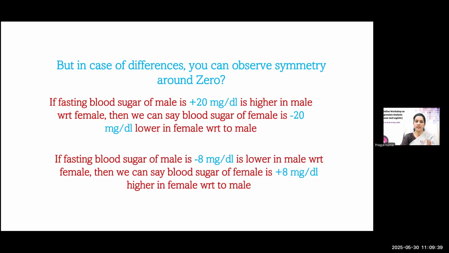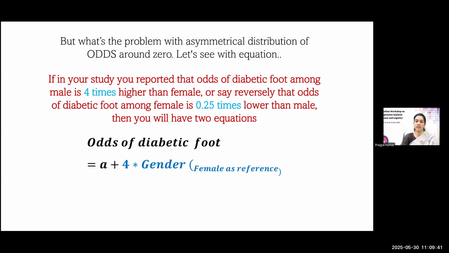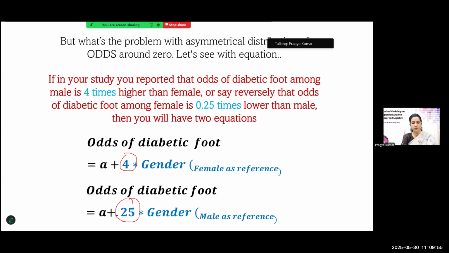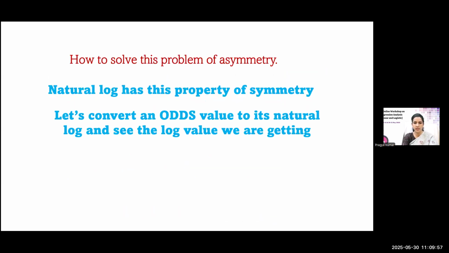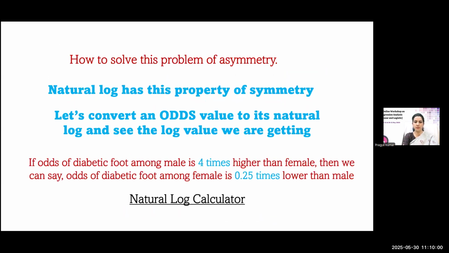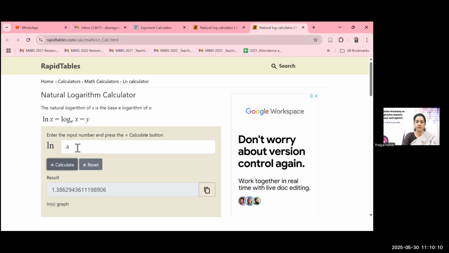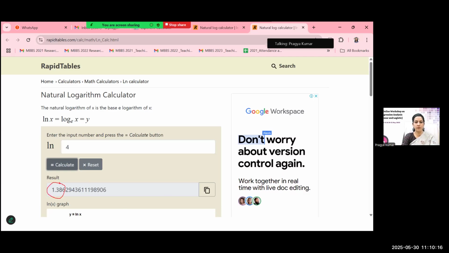So to make that symmetrical, we have taken the log odds. We have converted that odds into a natural log. If you see, there are two values here. This is 4, if you take this as a coefficient, and this is 0.25. If you take the natural log of this, I said that if you go to a natural log calculator, I'm using a Google calculator, and you press 4, the natural log value is 1.38.